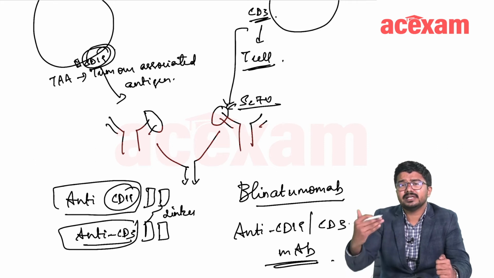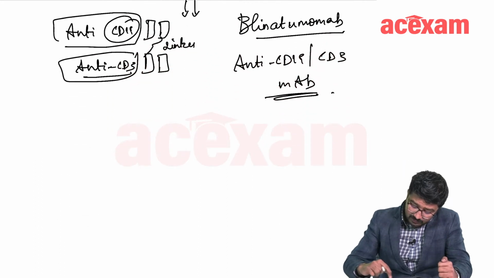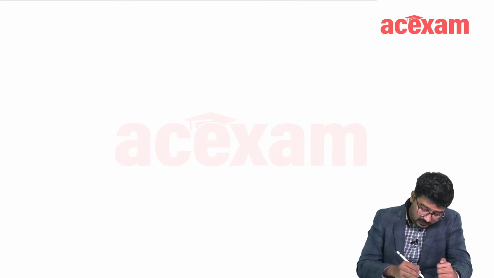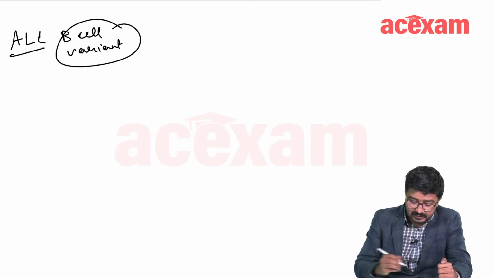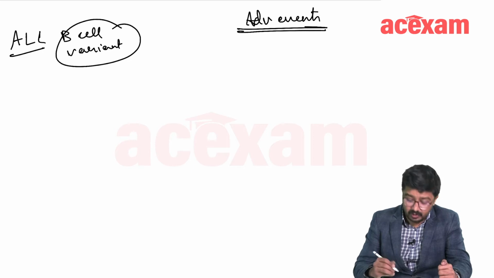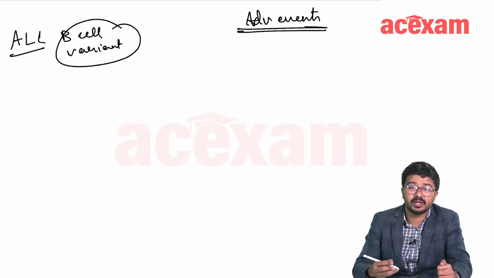But let us go a bit deeper into blinatumomab to see where it has been approved and also its adverse events. Blinatumomab has been approved for ALL, B cell variant, because you are clear with it. Coming to the adverse events, the important adverse events alone you remember, two important things. In fact, these are the US black box warning.